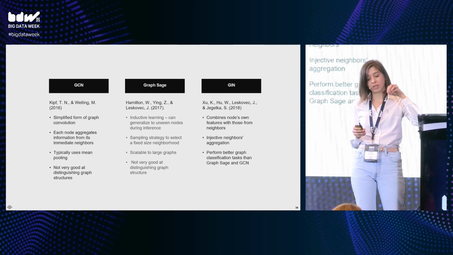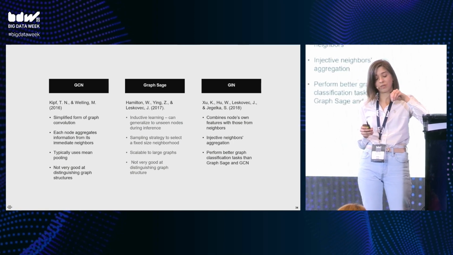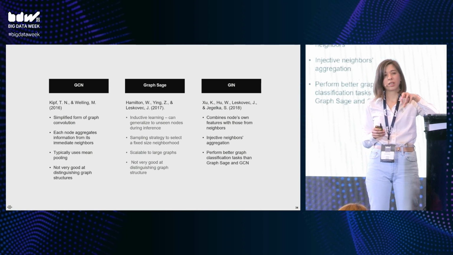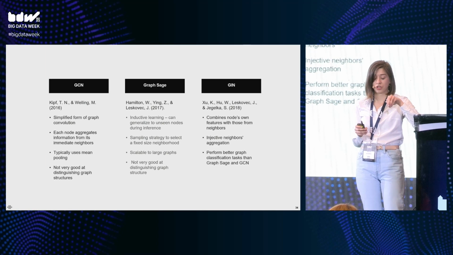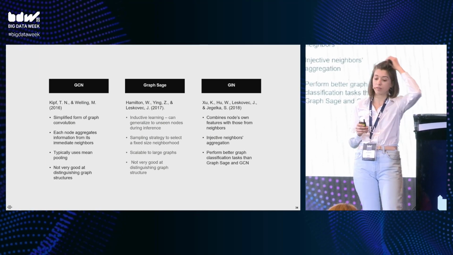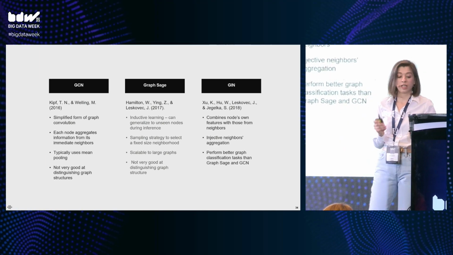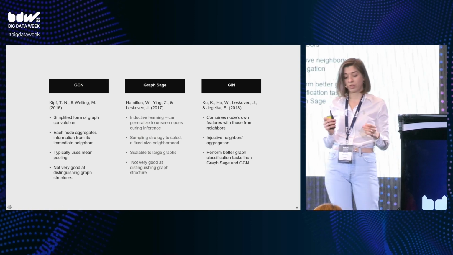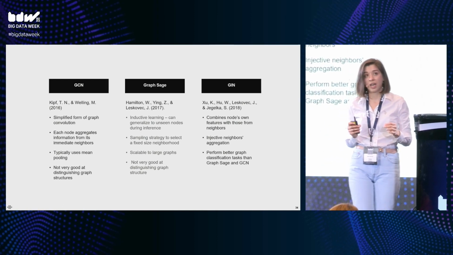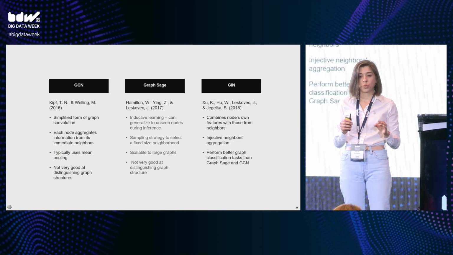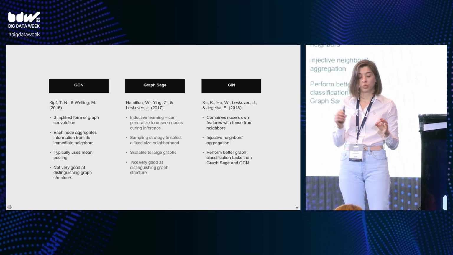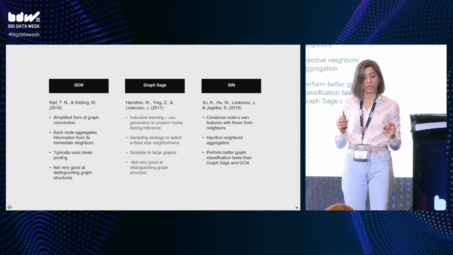And because this aggregation strategy is not an injective function, this type of network is not very good at distinguishing between different graph structures. Then we have GraphSAGE 1 year later, and this one introduces something super interesting. It's called inductive learning, and because of that, this kind of network can generalize to unseen or new nodes during the inference without needing retraining.